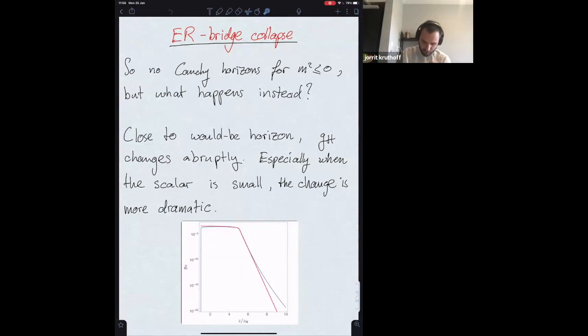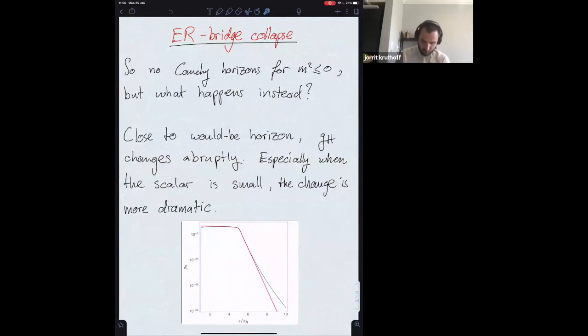And so here you can see this is a log plot. So log GTT is plotted here. And you can see that it goes from approximately linear, as I will explain in a moment, to an exponential decay.